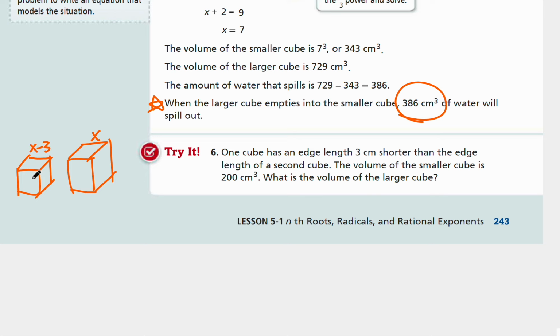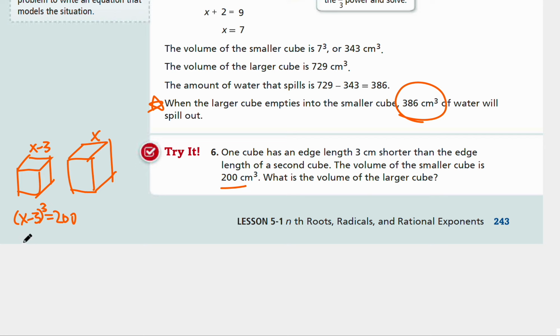And the volume for the smaller cube could be written as x minus 3 cubed is equal to 200, which is given. And then you solve this to figure out x, right? And x is equal to the edge length of the bigger cube.